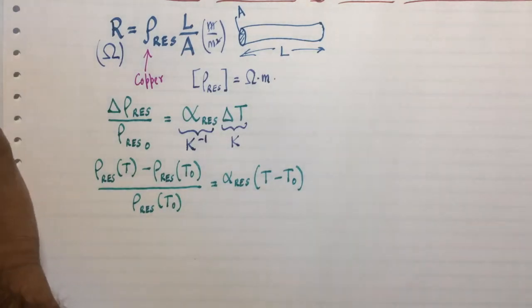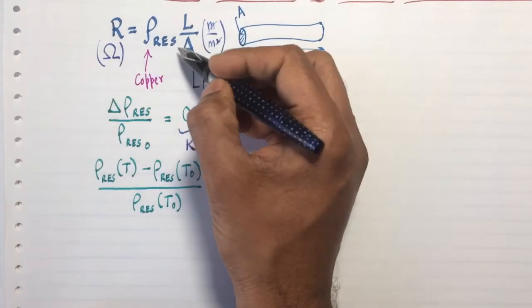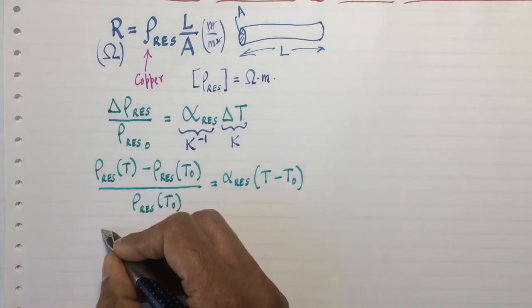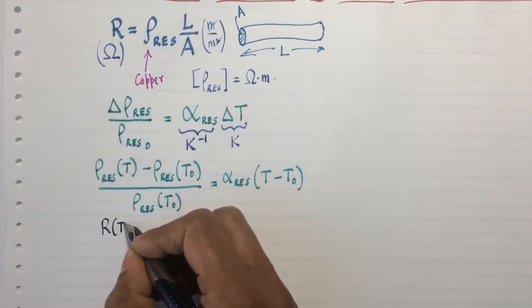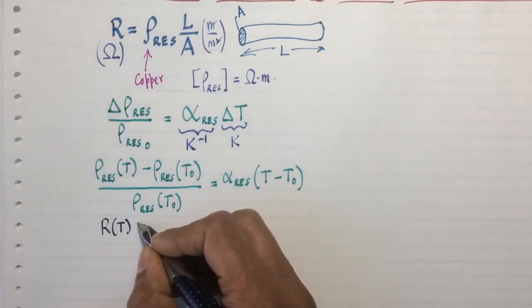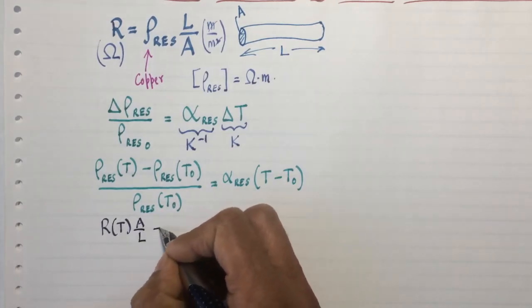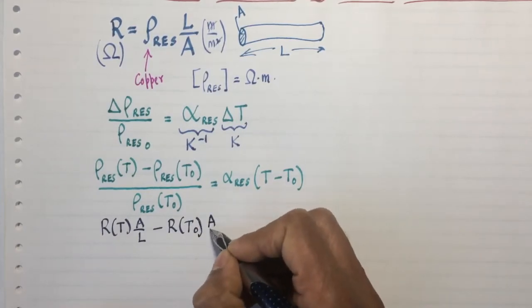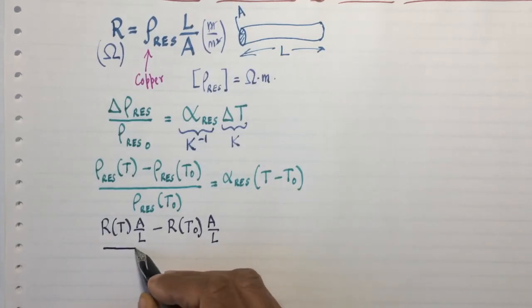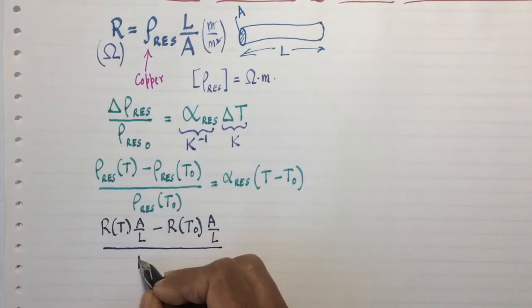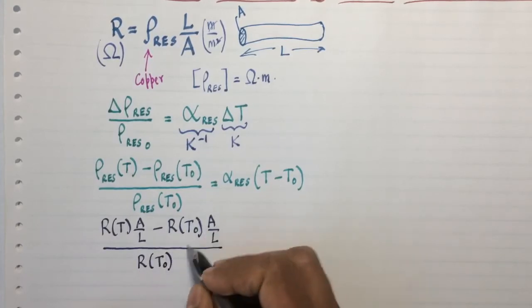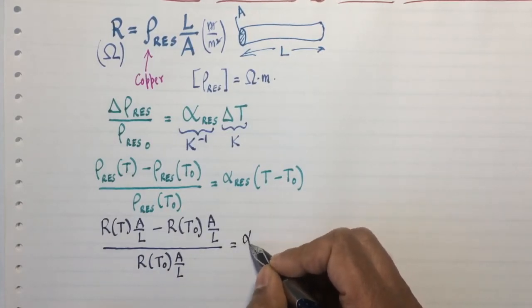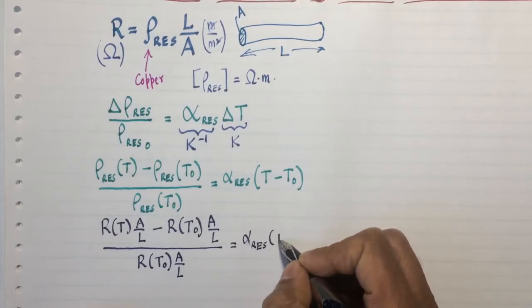So what I'm going to do here is I'm going to multiply both sides by A and divide by L. So rho res can be written as R at some temperature T times A over L minus R at temperature T naught, the reference temperature, times A over L, divided by R at reference temperature T naught, which usually is a room temperature, is equal to alpha res times T minus T naught.